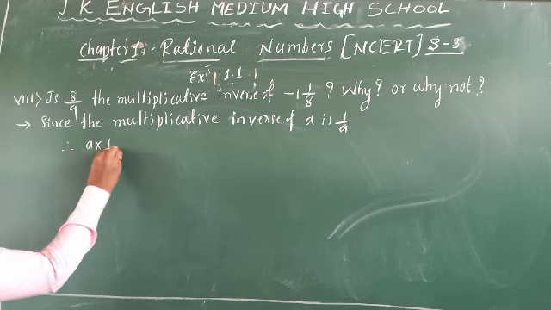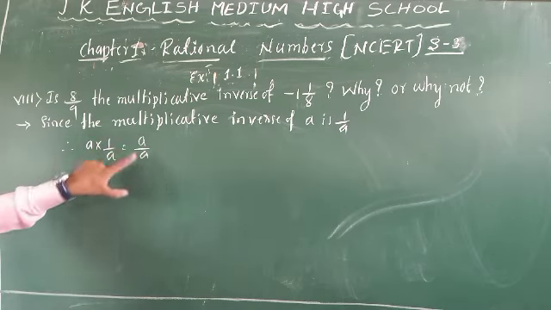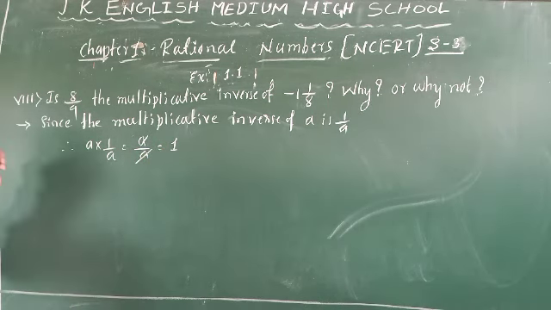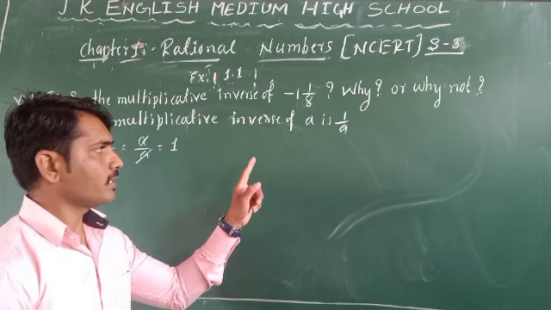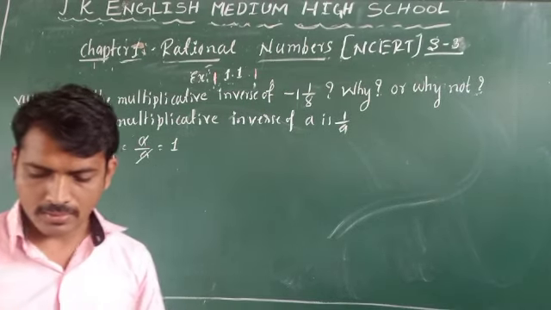Therefore, A into 1 upon A is equal to A by A, and because it is A by A, it cancels. The answer is always 1. The multiplicative inverse of A is 1 upon A. So what is the resulting answer? The resulting answer is 1.